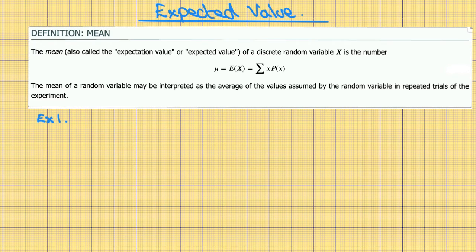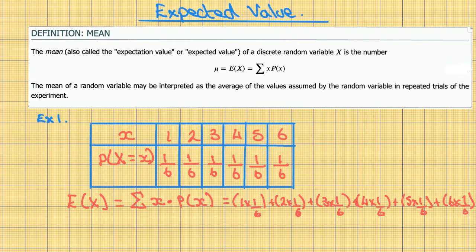Example 1. Let's take the probability distribution function for a fair dice and work out the expected value. The expected value of X is equal to the sum of x times the probability of x, which equals 1 times a sixth plus 2 times a sixth plus 3 times a sixth plus 4 times a sixth plus 5 times a sixth plus 6 times a sixth, which equals 21 sixths, which equals 3.5.